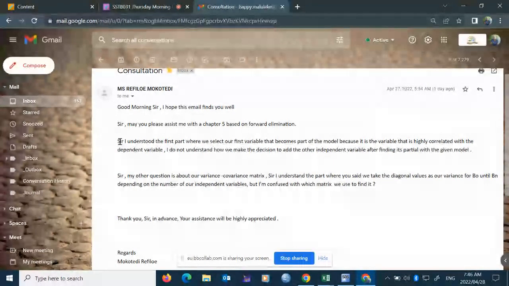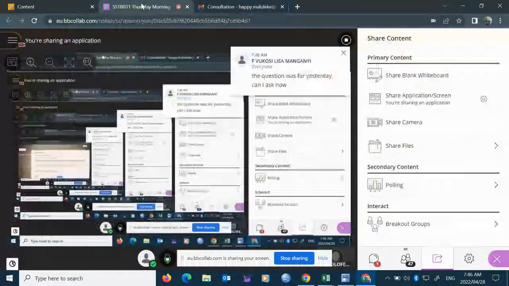If you are having 10 independent variables, until y and x10, you check the one that is highly correlated with y. You enter that variable first. The second variable to be entered, I said it will be based on partial coefficient of correlation or partial coefficient of determination.